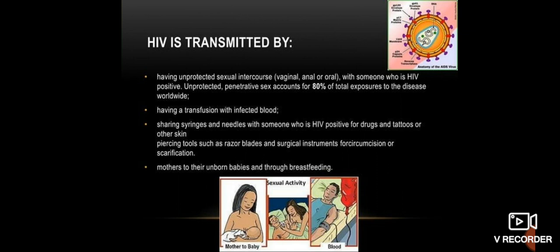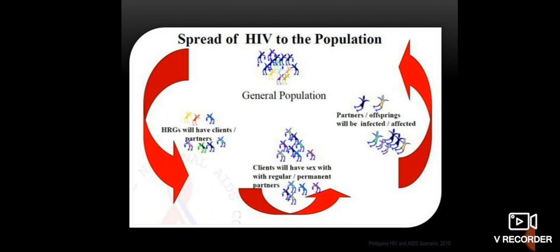Okay, so the HIV virus multiplies in the T cell and infects the T cell, and the HIV virus is liberated by the bursting of the cells, and from these cells it will again infect other cells.